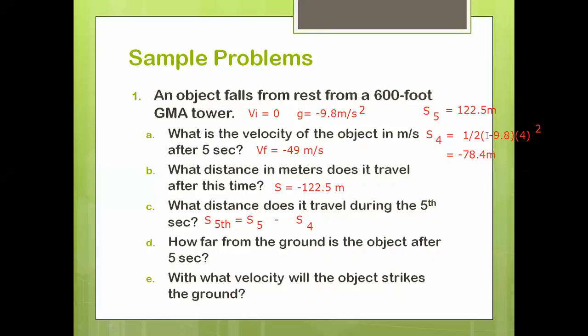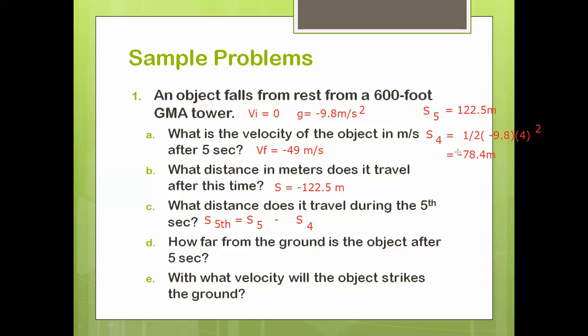And to find the distance for the 5th second, you have to subtract the distance covered for 5 seconds exactly minus the distance covered for 4 seconds. We already calculated in letter B the value of the distance for 5 seconds, which is 122. And again, when we are dealing with distance, we merely write without the negative sign, 122.